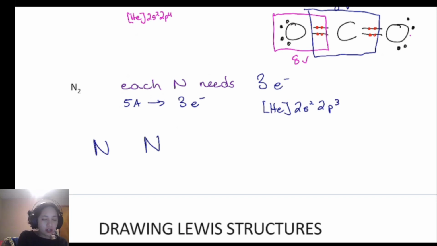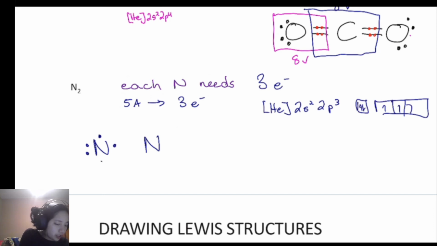Let's write that out as a Lewis dot structure. Again, we follow Hund's rule and make sure that everything is paired to resemble an electron diagram. I'm going to put those first 2 s electrons in first and pair them. But then there are 3 p electrons, and they all go around nitrogen singly. So we want to draw this nitrogen with 3 lone electrons, and then we can do the same with that one.